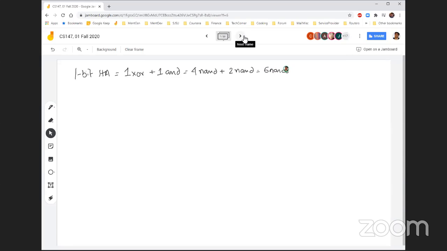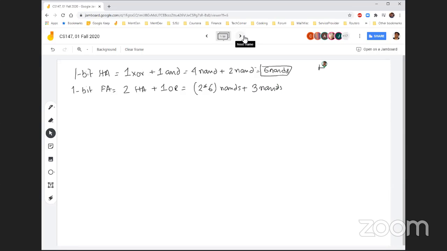Now I move to the 1-bit full adder, which is 2 half adders plus 1 OR. And 2 half adders, we already computed, is 6 NANDs. So 2 multiplied by 6 NANDs plus 1 OR, which is practically 3 NANDs.